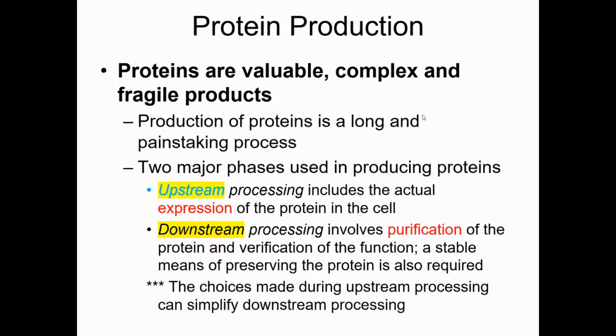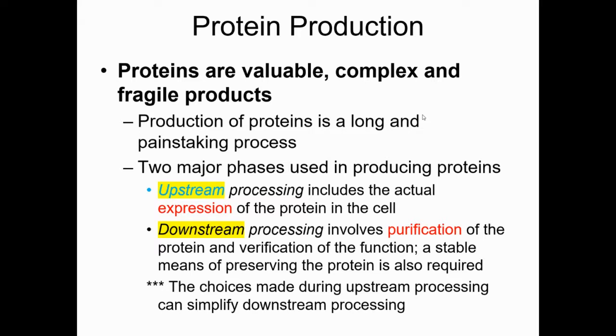So the protein production. The production of protein is a long and painstaking process, and we can split this production process into two different phases. One is upstream processing, and two is downstream processing.